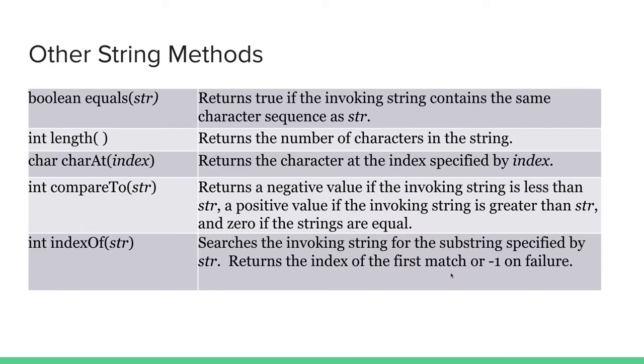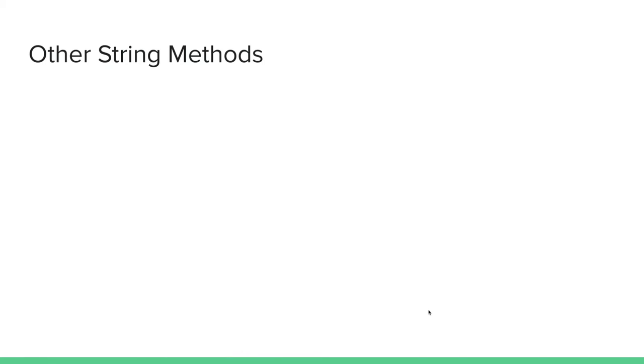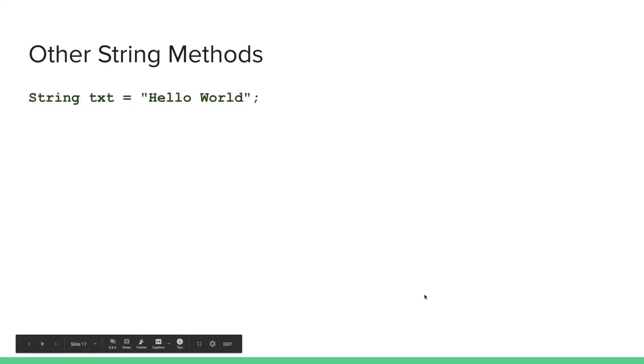All right, there are some other methods that we could use. This is only a small list of other methods that string has. A few more that could be interesting: say we have a string text, which is hello world.